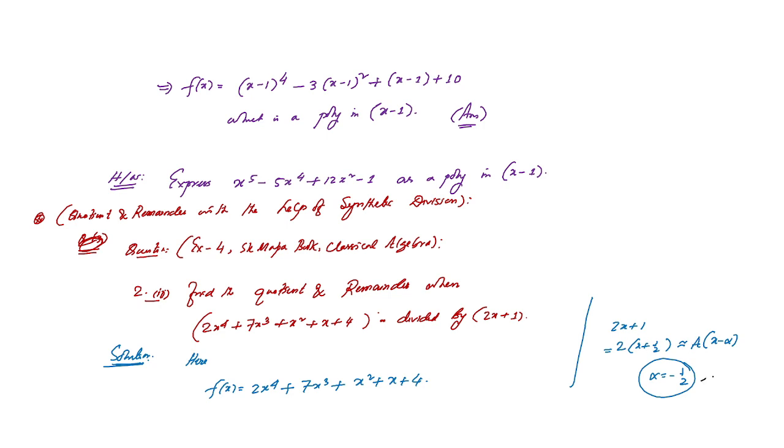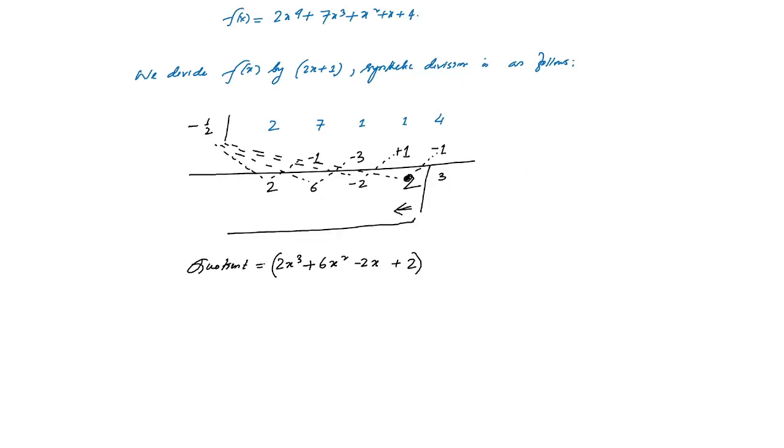That a is here 2. So what you will do, will divide it by a. If you do it, that will be half into 2x cube. This will be the quotient. And what will be the remainder? The remainder will be 3.